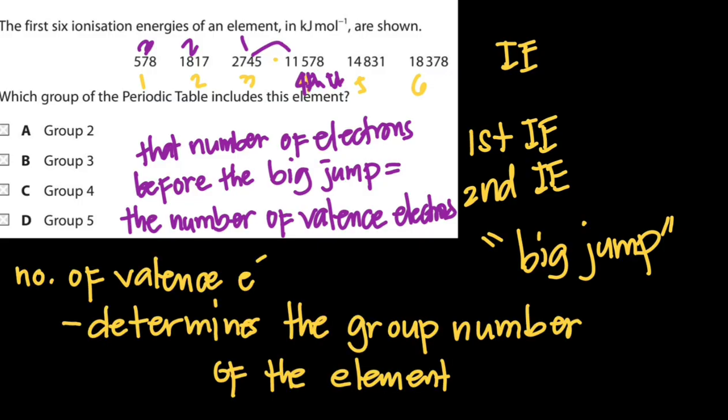We've determined the number of electrons before the big jump is 3, so the number of valence electrons is also 3. Therefore, this element with these given ionization energies belongs to group 3. So the answer here is letter B.